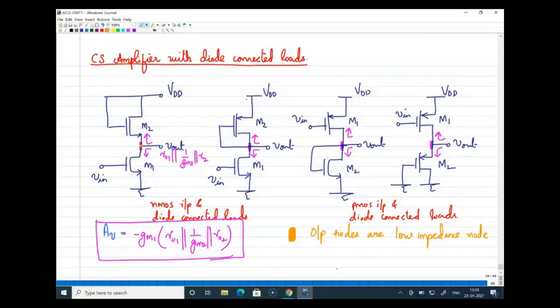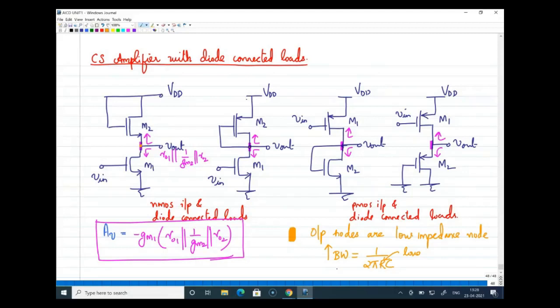Now, one advantage of this is, as I mentioned the other day, bandwidth is written as 1 by 2 pi RC. If this R, the output impedance, is low, that means the bandwidth of the circuit will be high, or I can use the circuit for a larger frequency. That is the meaning of this.